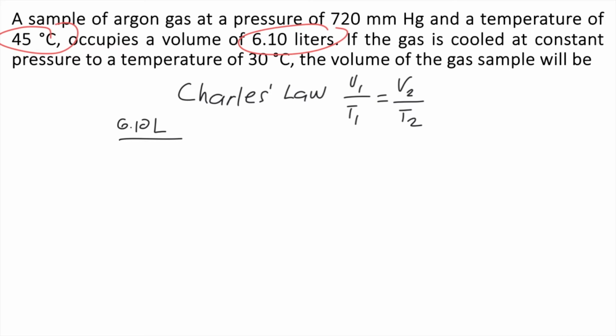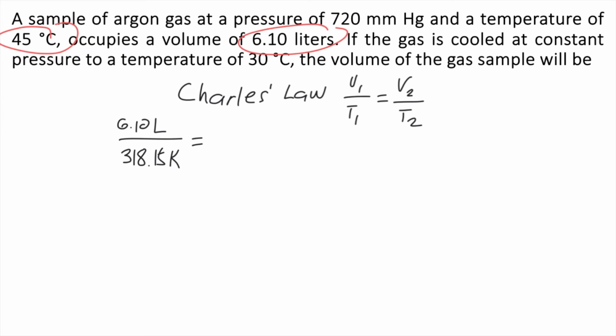But remember, when you're using gas laws, the temperature must be in Kelvin or the absolute temperature. So you need to convert degrees Celsius to Kelvin by adding 273.15. So 45 plus 273.15. So our initial temperature is 318.15 Kelvin.